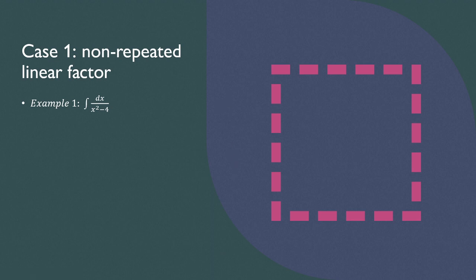It just means that if you factor the denominator of this kind of equation, we will get non-repeated linear factors. Let's say, for example, dx over x squared minus 4. What is the factor of x squared minus 4? That's x plus 2 times x minus 2.